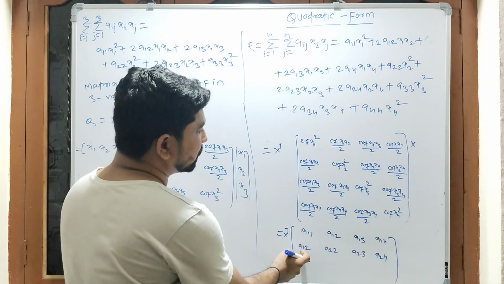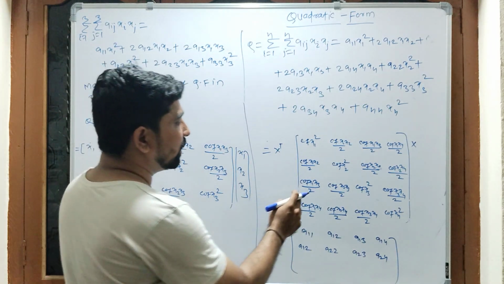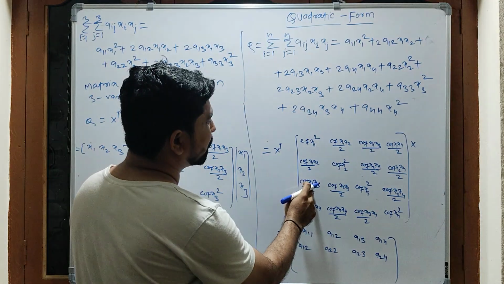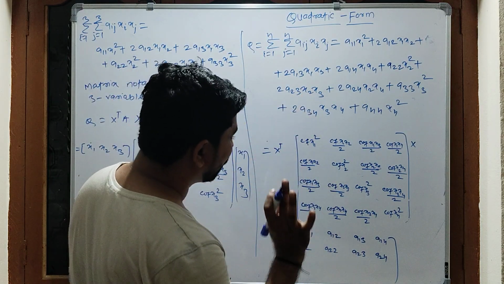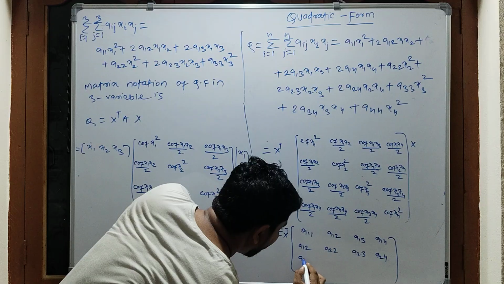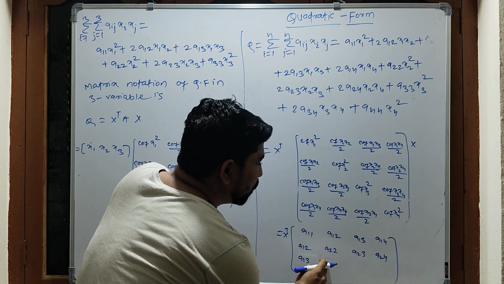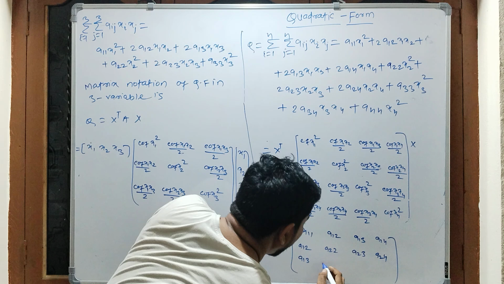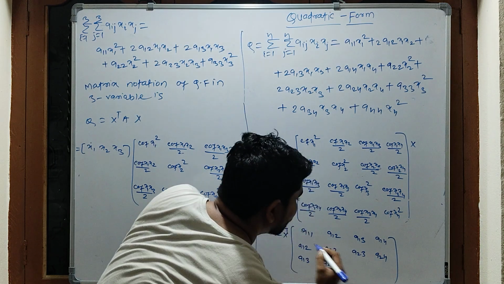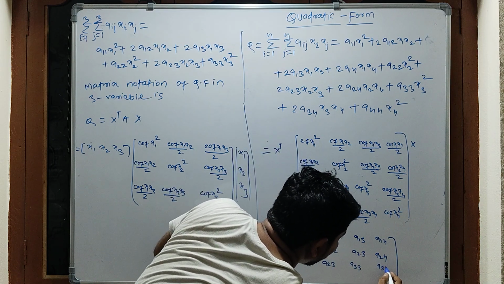Now this is the a31 position. The coefficient of x1 x3 gives a13, which is the same as a31, so just write a13. Then the a32 position: a32 is the same as a23, so write a23. Here this is a33, and this is a34.